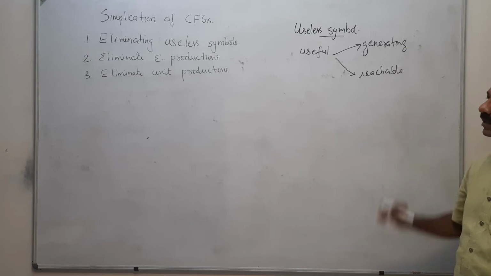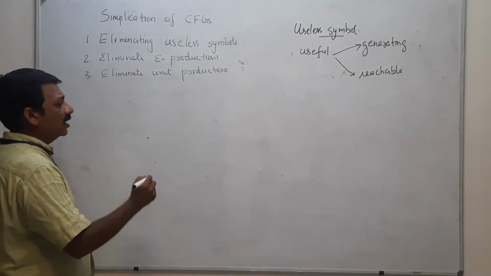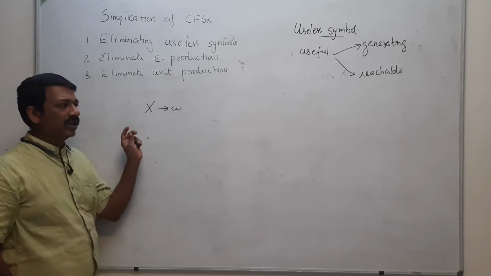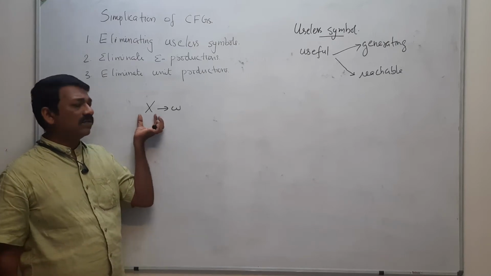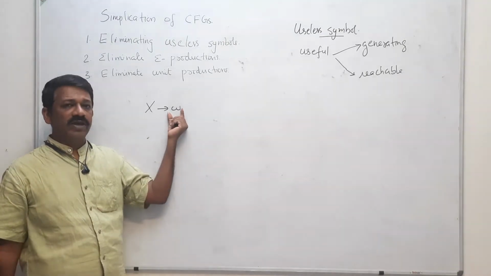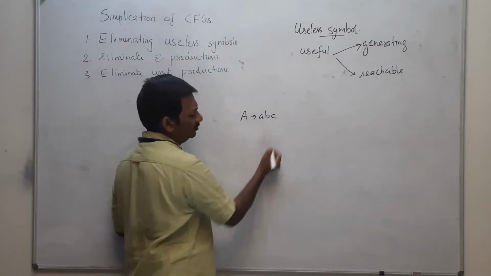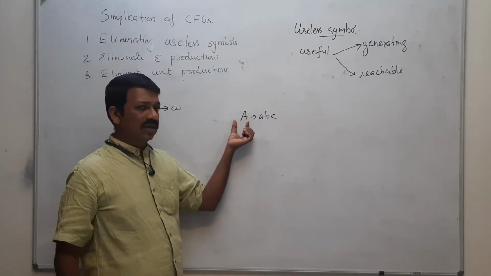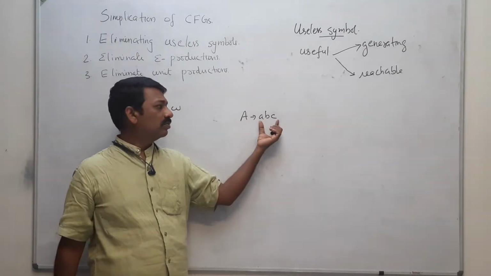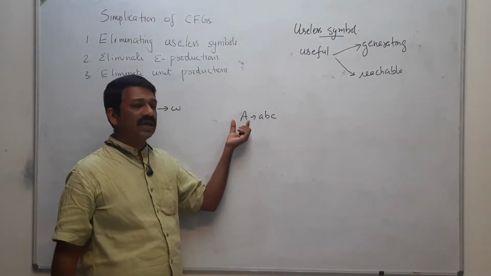So what do you mean by generating? Suppose from a non-terminal X, you can generate a string w. That means a non-terminal X is said to be generating if you can derive a terminal string from it. For example, suppose that A derives abc. You are able to derive a terminal string, so this is a generating one.